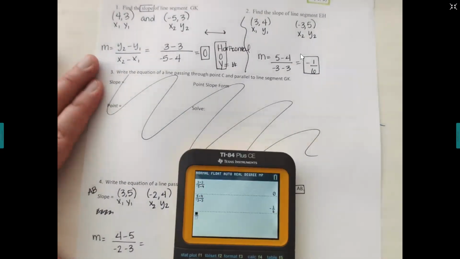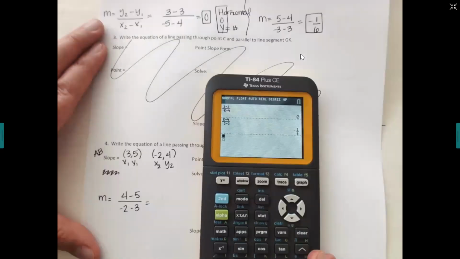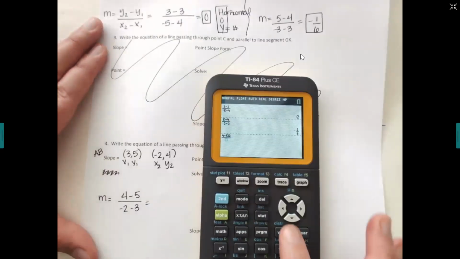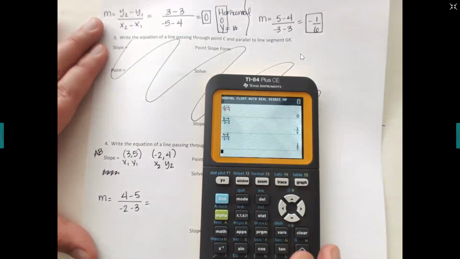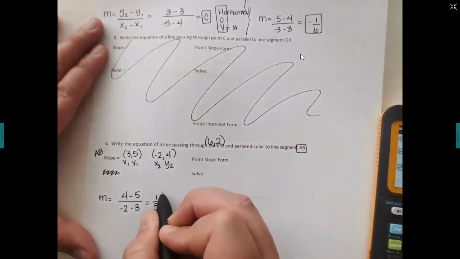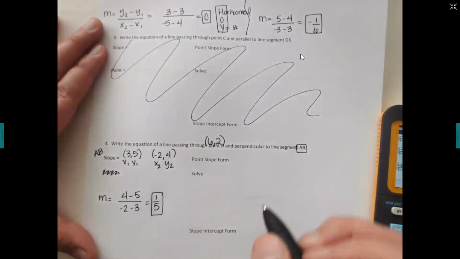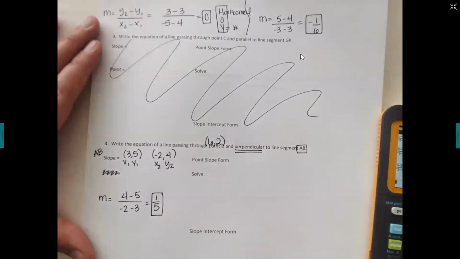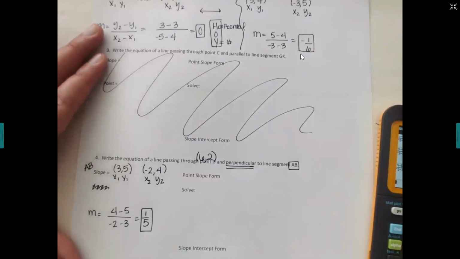So alpha link to open your pretty fraction. We're going to do 4 minus 5 across the top, -2 minus 3 across the bottom. So my slope comes out to 1/5. Okay, that's my slope. Now notice that it says I want my line to be perpendicular to the original.